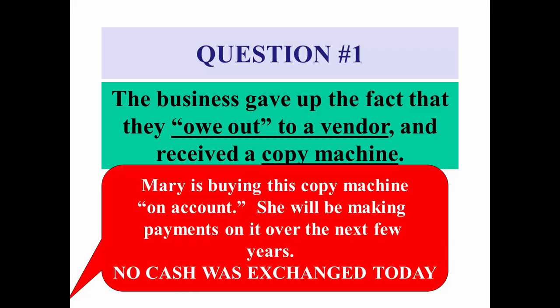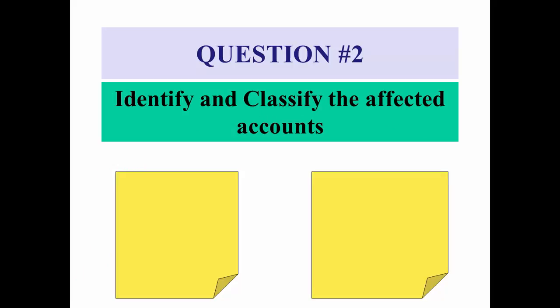Today, there was no cash exchange. So we're not giving up cash, we're not receiving cash. There's no cash involved in this transaction. Now, question number 2, we have to pick out the accounts. Well, we gave up the fact that we owe out to a vendor, and if we look in the chart of accounts for owe out to vendor, that is accounts payable.